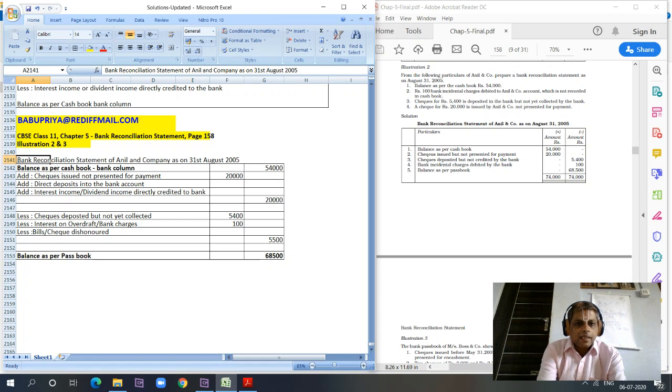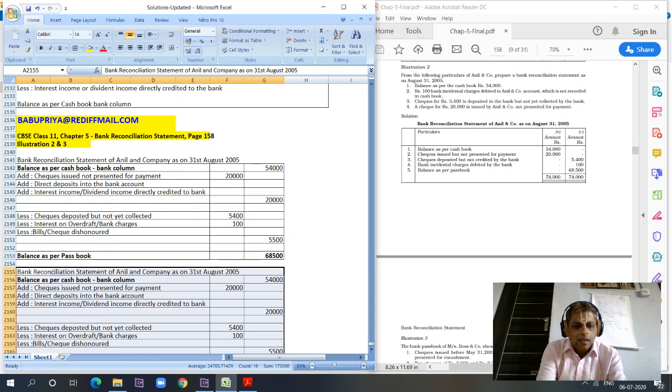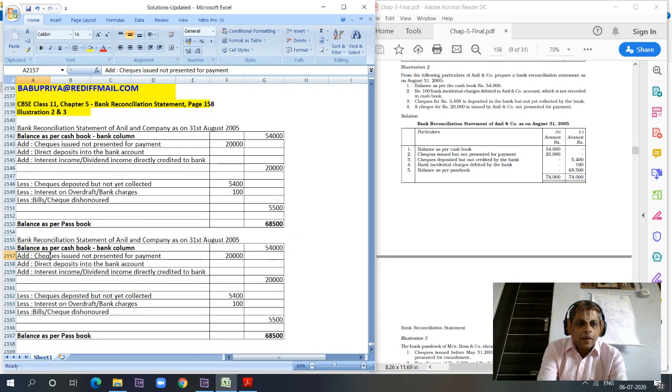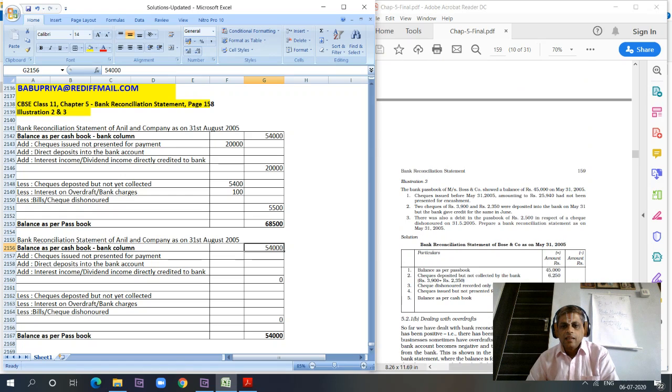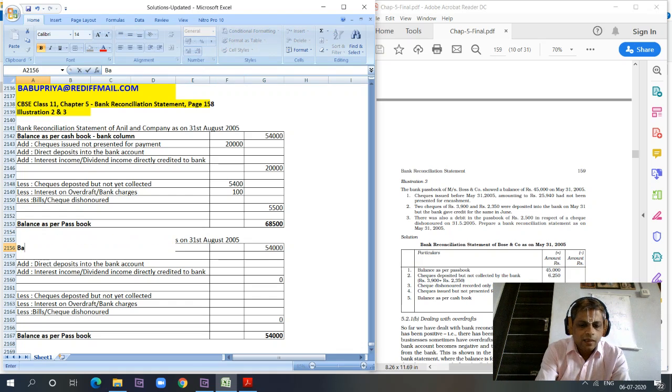Let's get into the next one. I'm just copying the format for easy reference. As I was explaining, the format and the presentation make a lot of difference in the way we deal with it. Now let's see what we have here. We are starting with balance as per passbook.